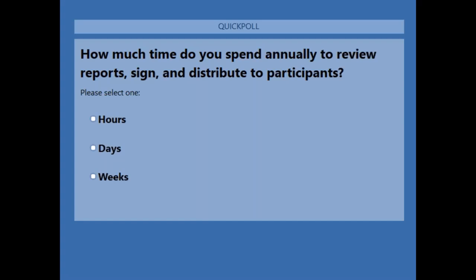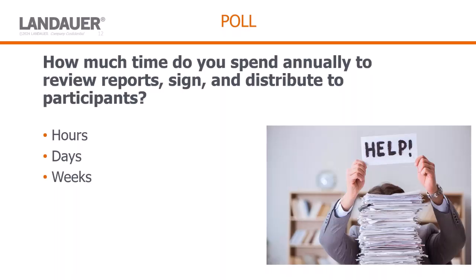All right, we're at about 60% voted. I'll give you a couple more seconds to make your selection here. All right, I'm going to go ahead and close that poll and share the results here.